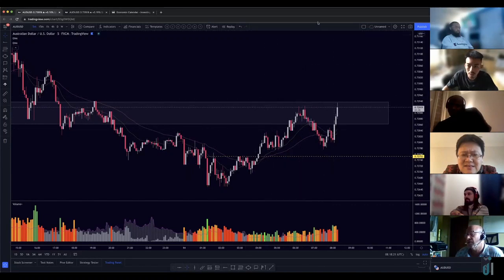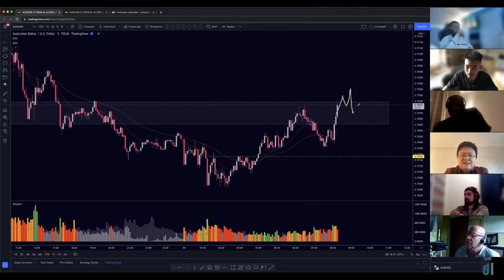Now, the other thing is, if we do see a setup afterwards here, this area might cause us some problem. Right? If, let's say, we have a setup to sell, still within the same zone, this area might be a problem because this is an area where potential 5-minute traders were trapped.